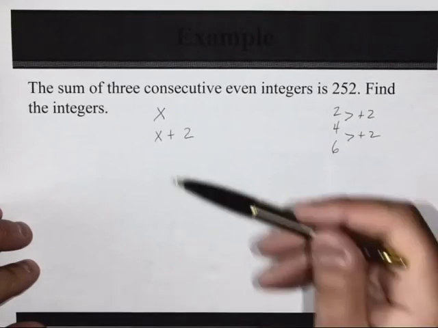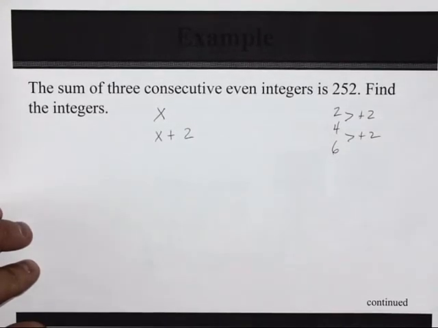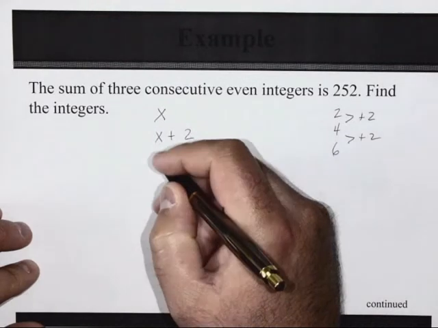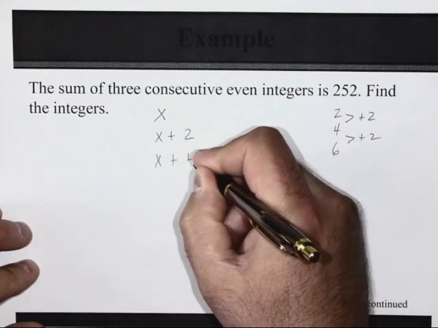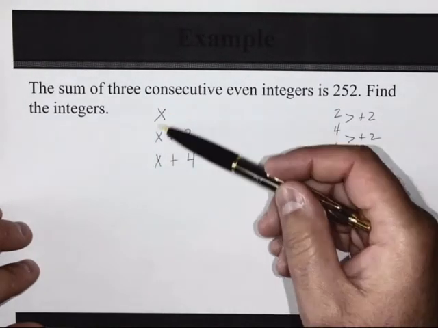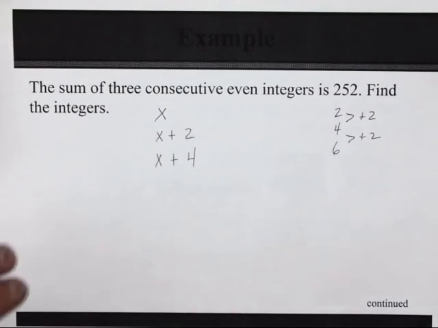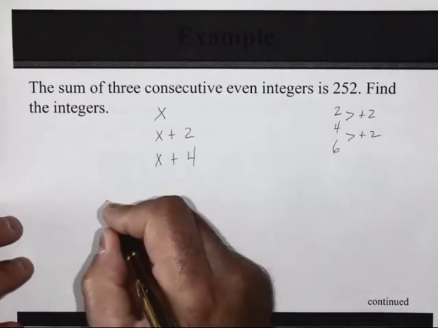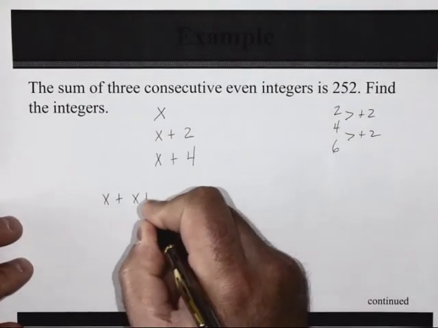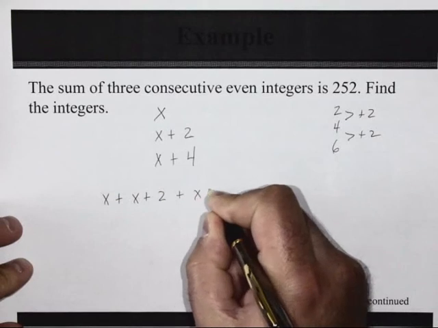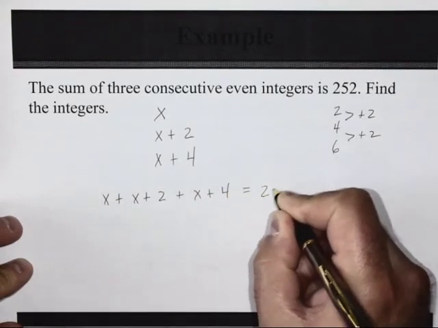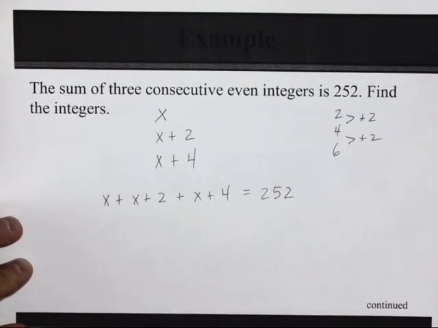If I continue that, add 2 to the previous number in the list, x plus 2 is x plus 4. So this represents the expressions for the 3 consecutive even integers. So the sum of those, which means that I add them together, equals 252. So that sets up my equation.